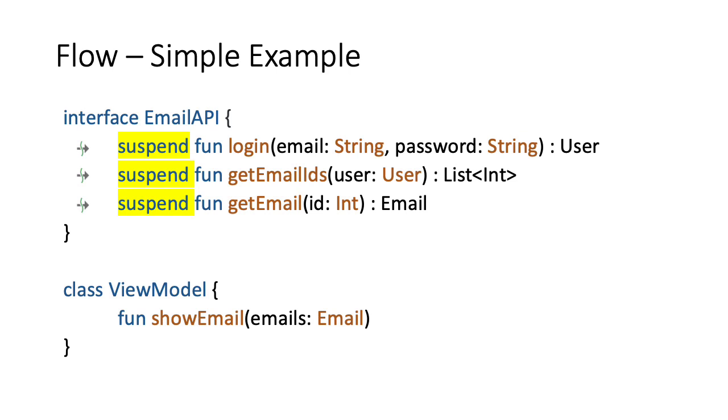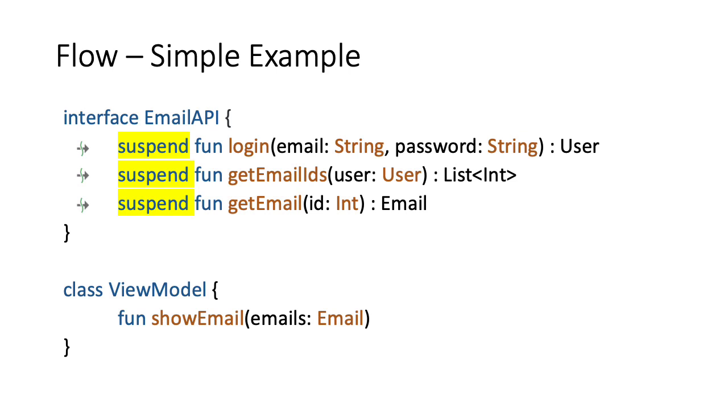Consider an email API which is implemented as suspend functions. It may have three functions: login, which returns a user; getEmailIds, which takes in a user and returns a list of email IDs; and getEmail, where you pass in an ID and you get an email. So let's use this as an example.